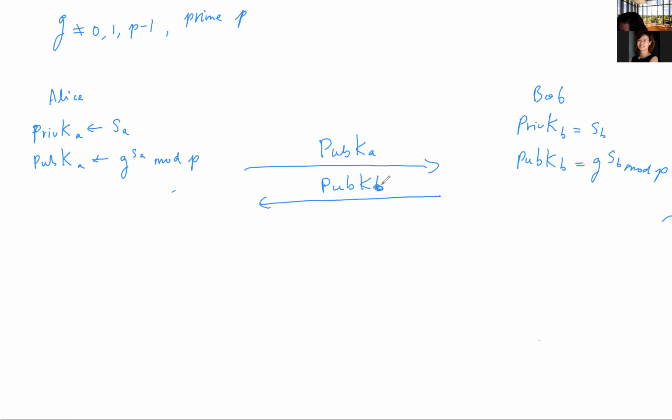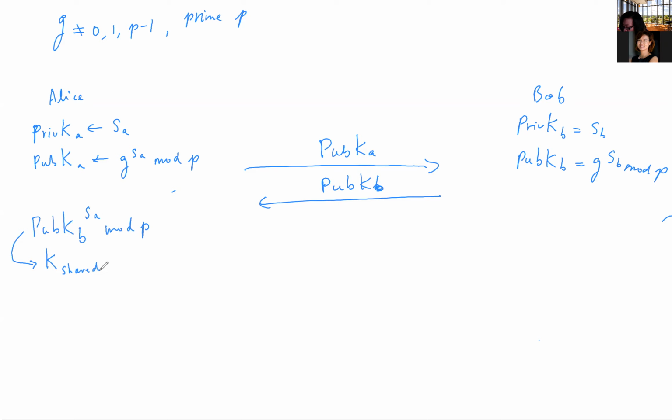The next step, once they have each other's public keys, is the most important step in the Diffie-Hellman key exchange protocol: raise Bob's public key to the power of SA, mod P. We call it the key shared.